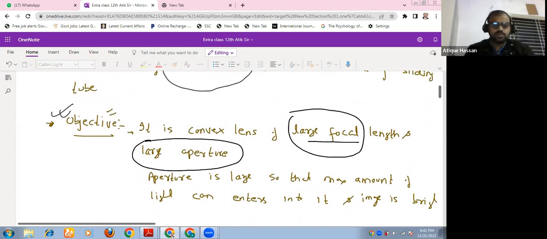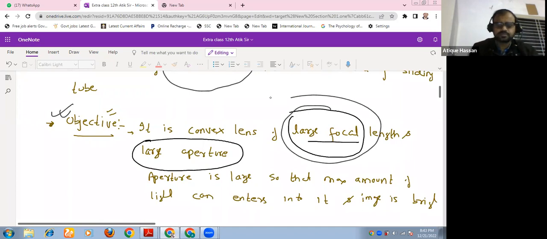Now if we talk about the objective here, it will be larger, right? So generally if you want to see a distant object, you want more and more light to be captured by the instrument. And if you want to capture more and more light, the facing lens which is facing the object should be of larger aperture, or should be of larger size.